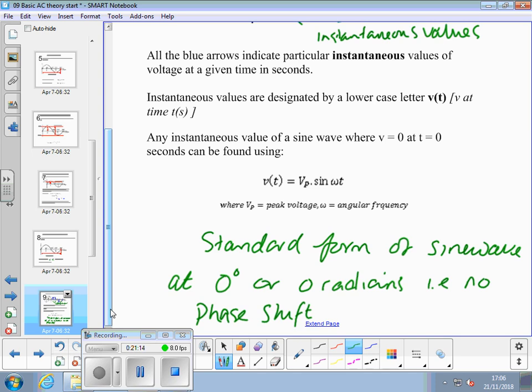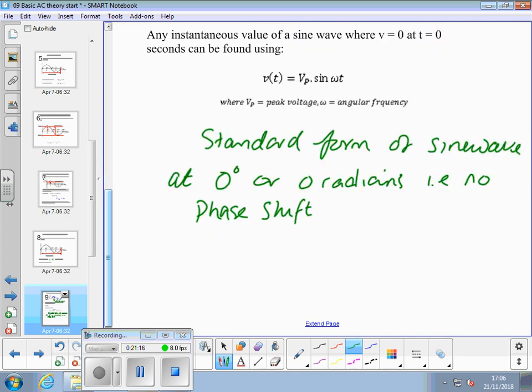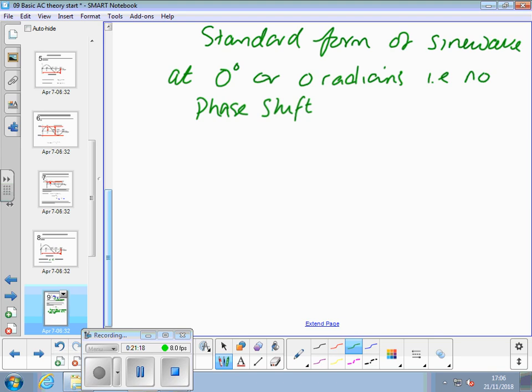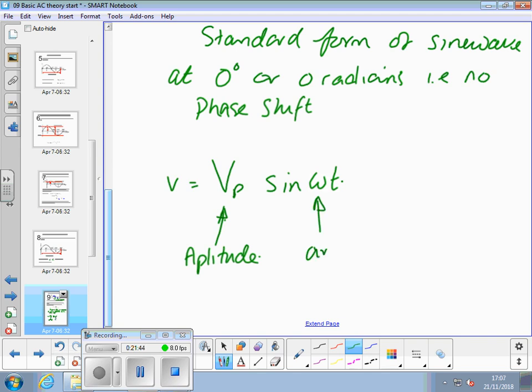So if we take that, little v is equal to Vp sine omega t. Vp is the amplitude, and omega is the angular frequency.